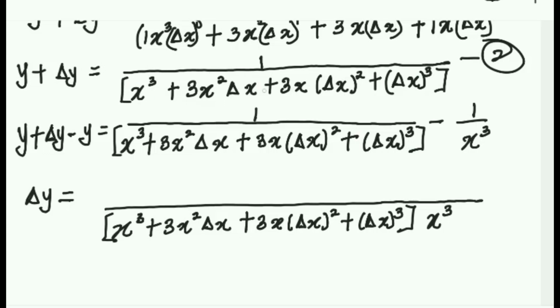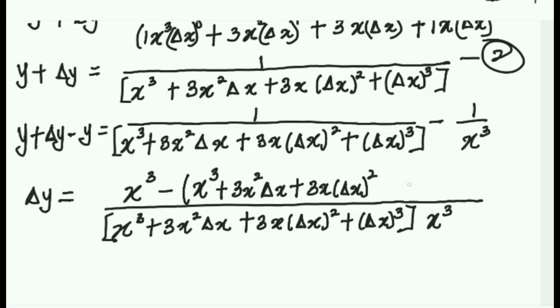That's the denominator, so it's seen as a single expression. All of these divided by these, you have x cubed left, and then I have minus all that we have here, all of this divided by x cubed. What I would have left will be x cubed plus 3x squared change in x, plus 3x change in x all squared, plus change in x raised to power 3.